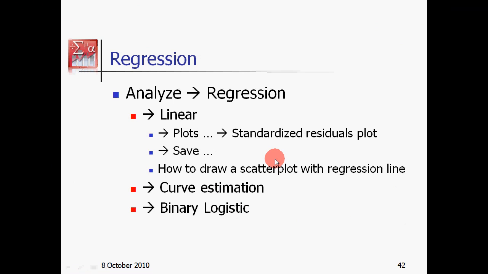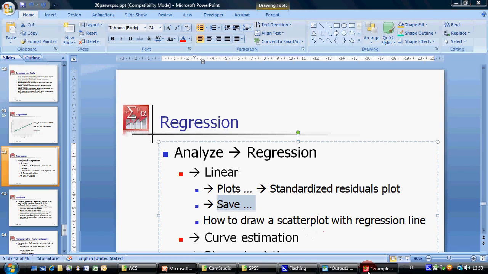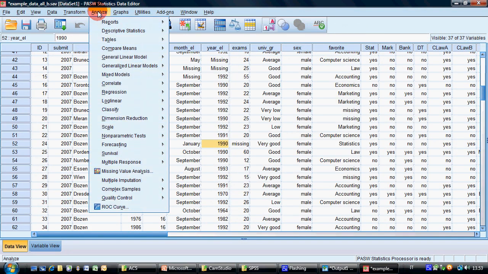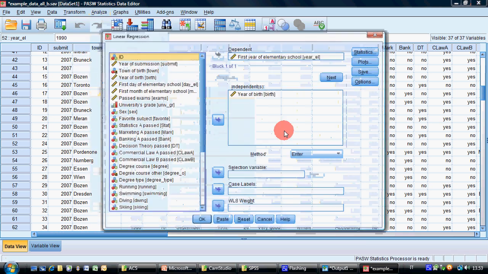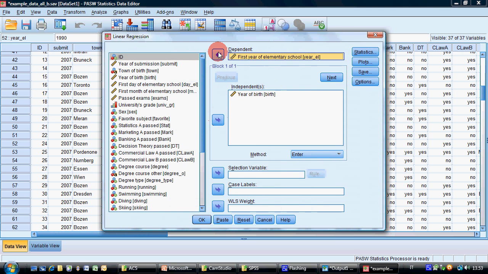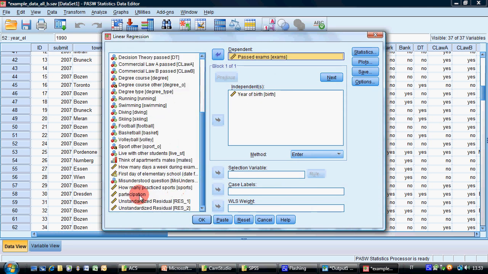Okay, sometimes instead a linear model can be built also using several variables. So you may want, for example, regression linear, to predict passed exams using year of birth, how many practice a sport, how many days a week do you come here during exam months.